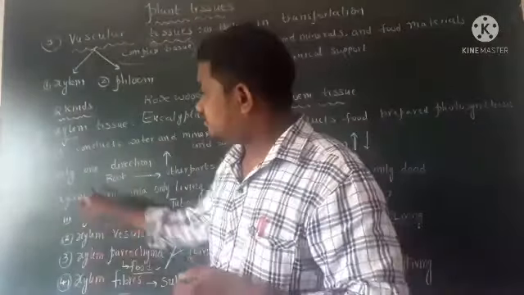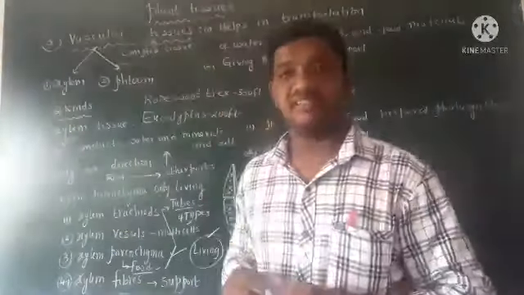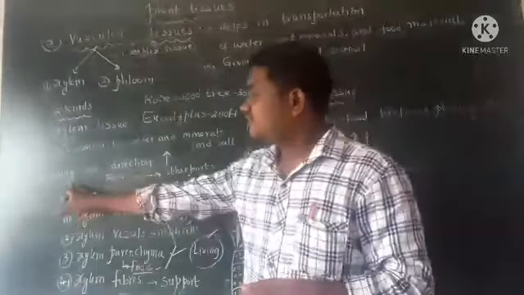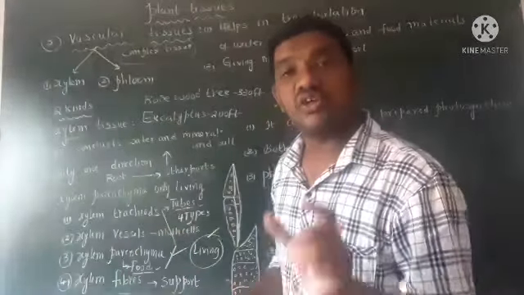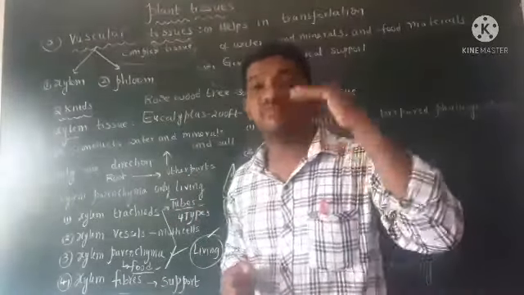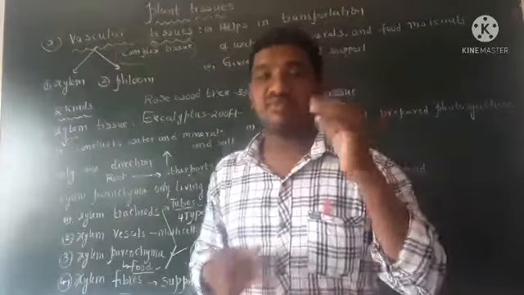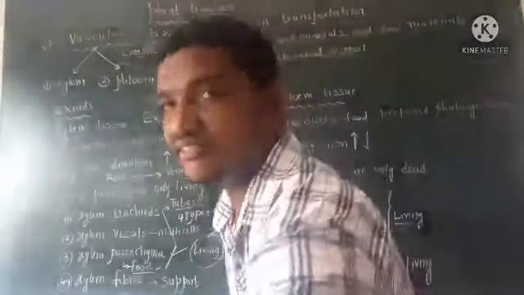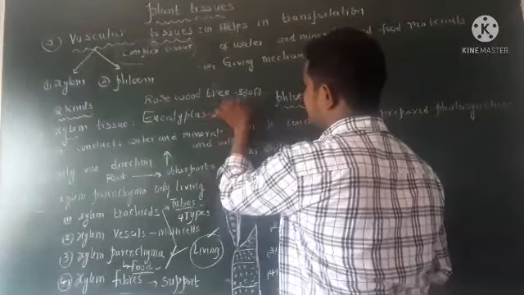Coming to the second one. It can move in only one direction, so it is called unidirectional. See here, I have written: it can only move in one direction. That is called unidirection. It means water moves from roots to the remaining parts of the plant. For example, this is a plant.